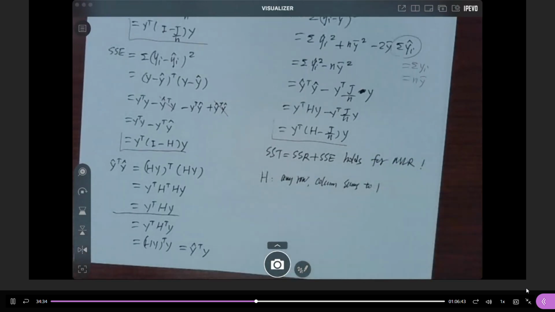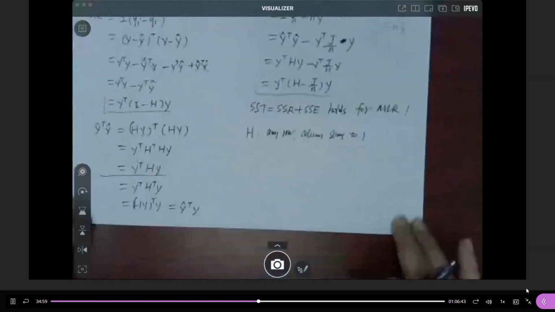Once we prove it for rows, it is also proved for columns because H is symmetric. All right, so how do we show this one?